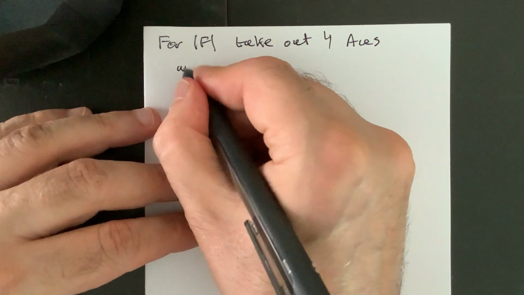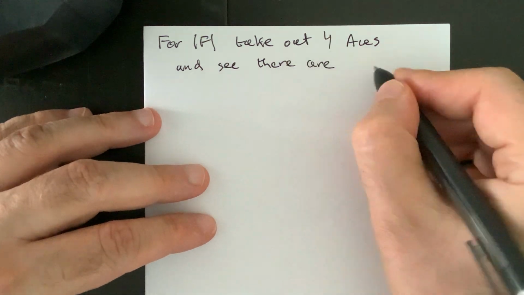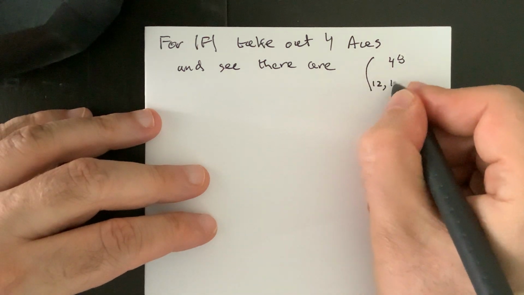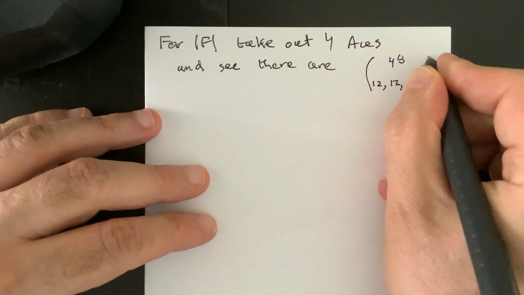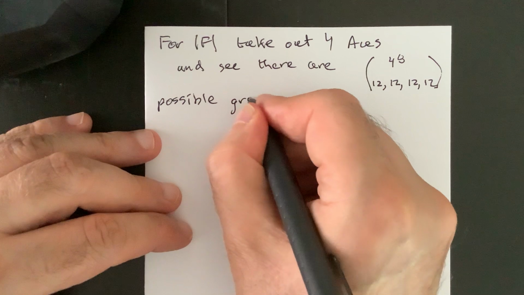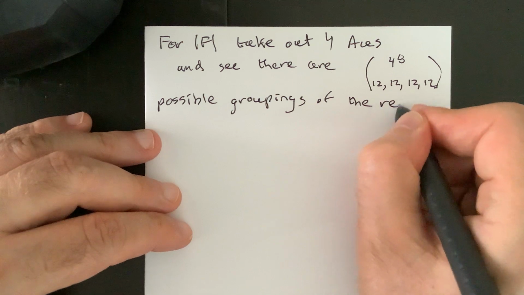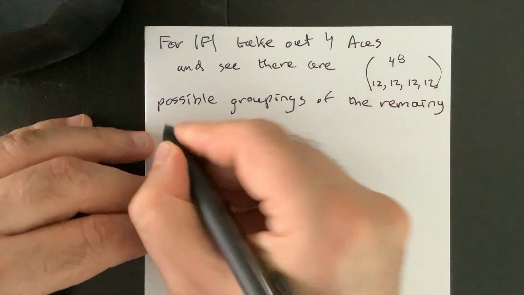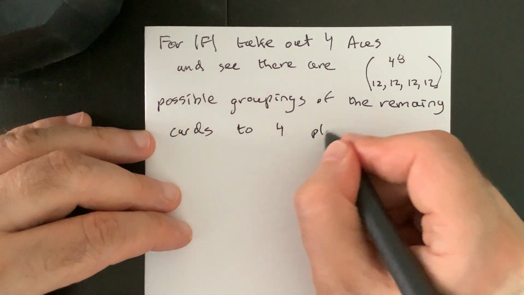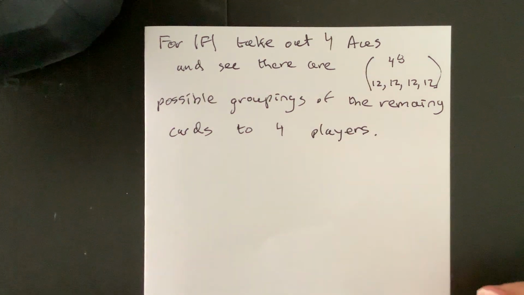And see, there are, let's see, 4 are gone, so 48, 12, 12, 12, 12 possible groupings of the remaining cards to 4 players. So that's 48 factorial divided by 12 factorial to the 4th.